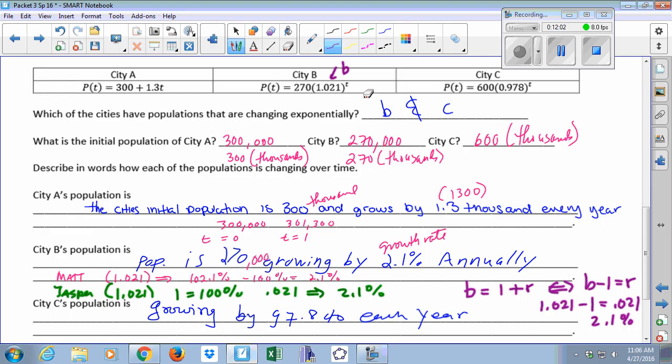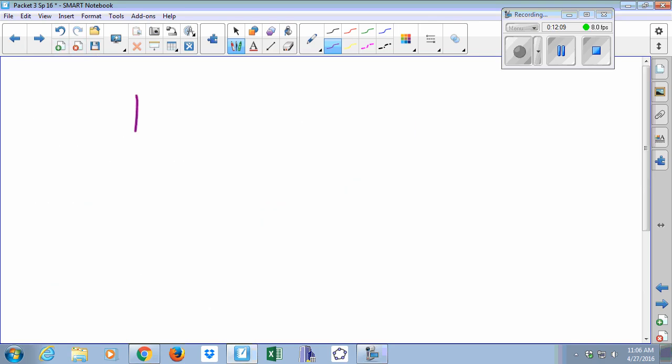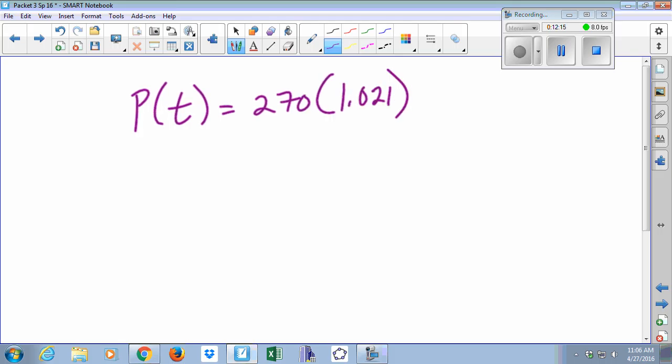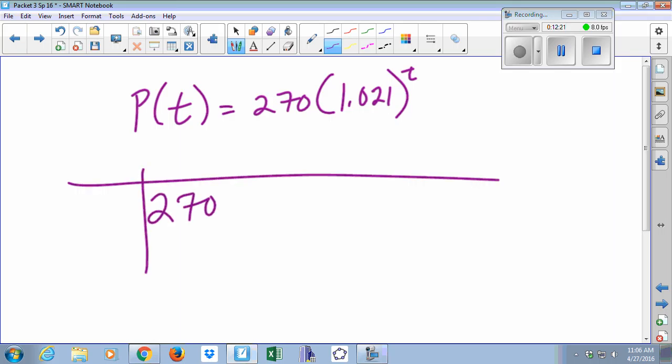Okay. So how would we actually figure out, if I asked you to do a little table now? We have this formula, 270 times 1.021 to the t. And if I have 270 as my initial population at time 0, how would I get my next value for my population the next year?